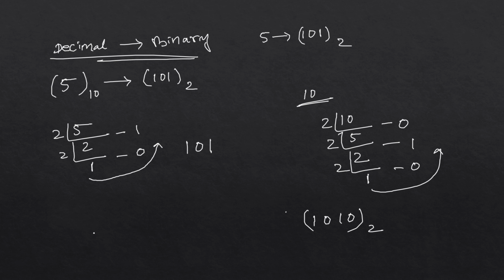In this way you can convert any decimal number to its binary number. So the binary representation of 5 is 101, and the binary representation of 10 is 1010. Here, 101 means 5, and each digit is known as a bit.